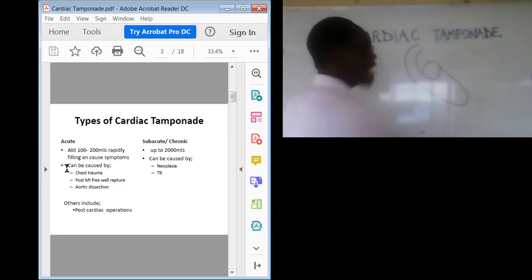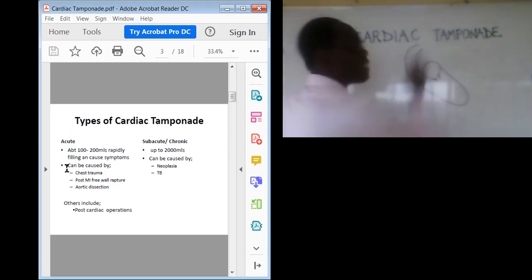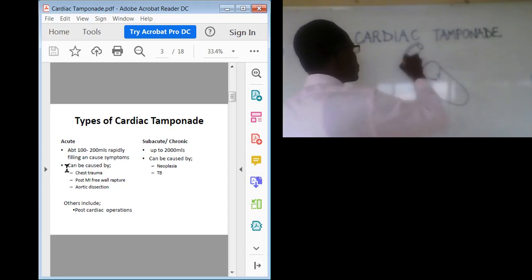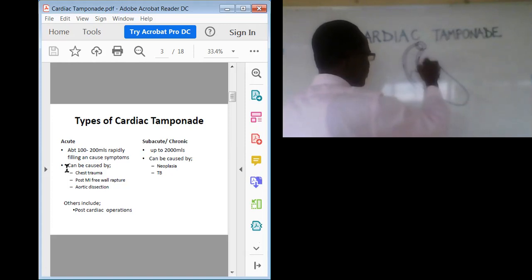This is your left part of the heart, these are the aortic valves, yeah? Now this aorta, remember, it is an artery which is quite big. Assuming that is our aorta.